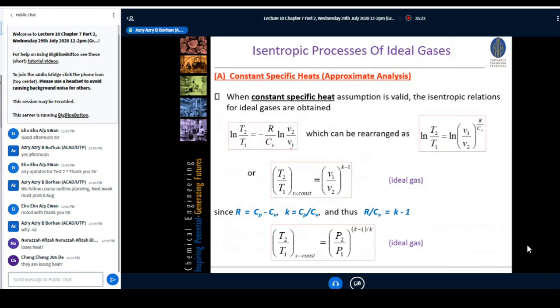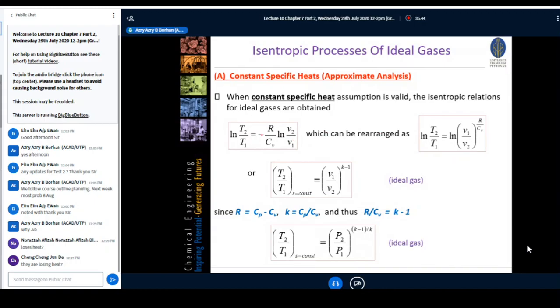Now from this equation, you further simplify it using calculus and mathematics rules regarding ln. You want to have ln on both sides of the equation.